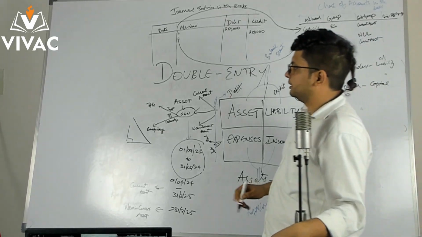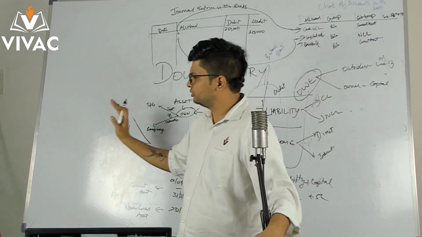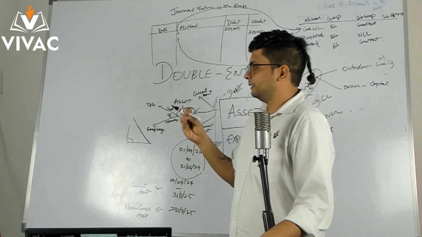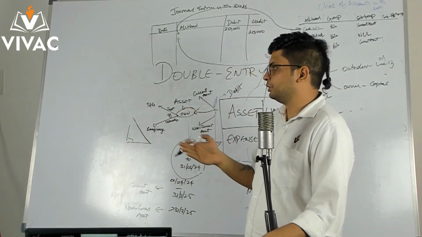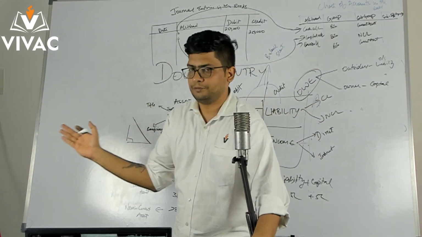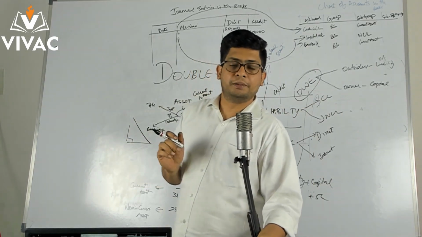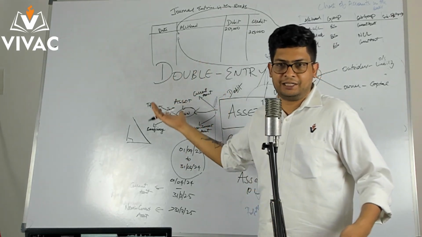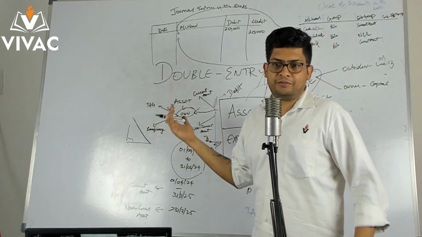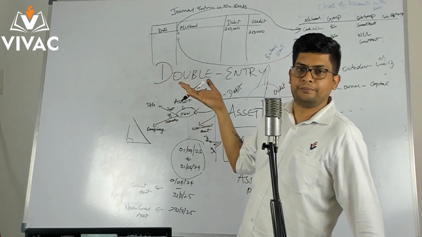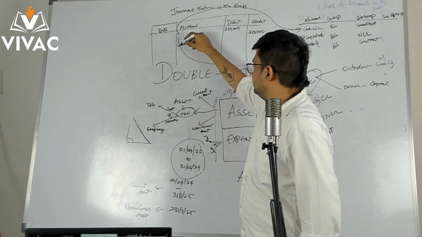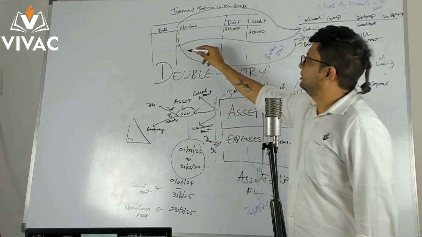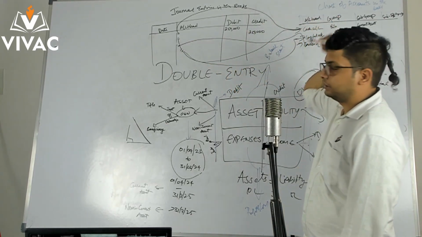So what is the journal entry? We are anyway doing it again, so no issues. Debit will be whichever is going up. The asset that is rising we will debit, the asset that is reducing we will credit. What asset is going up? So equal to, put bank, again equal to, link to your cash.